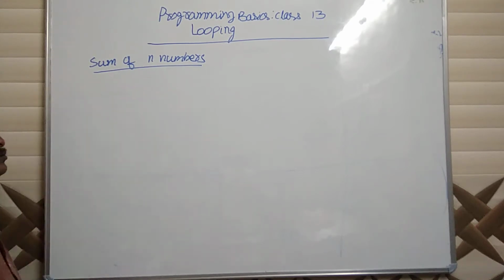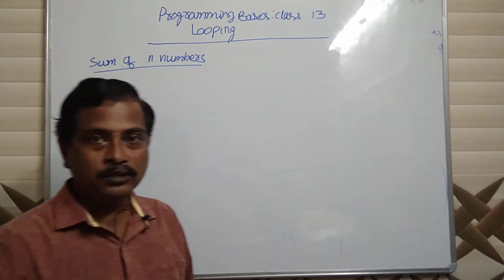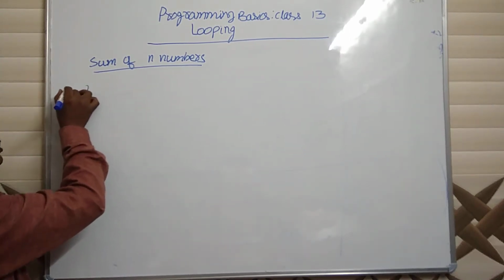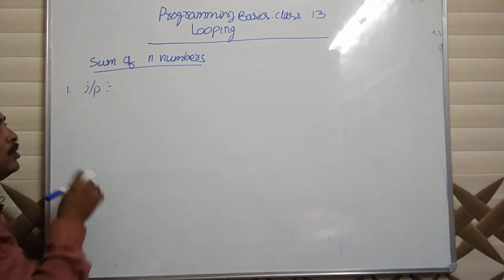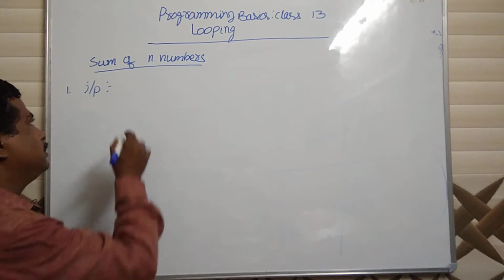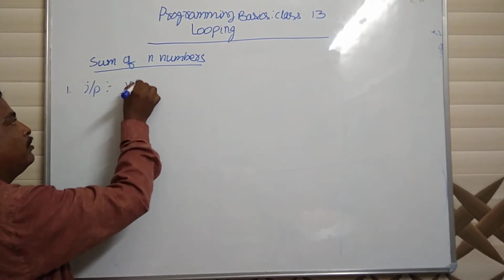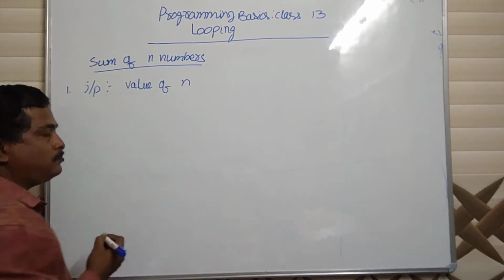To solve this problem, we will go according to our 5-step logic: input, output, algorithm, pseudocode, code. So, step 1, input. What is the input to the program? Only the value of n, whether it is 10 or 15, it is value of n.